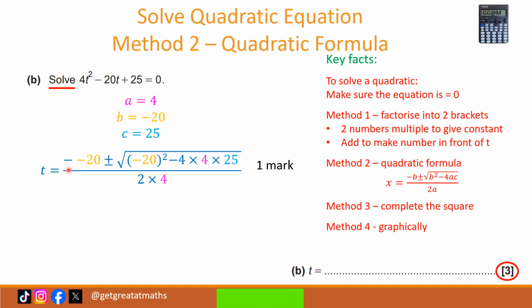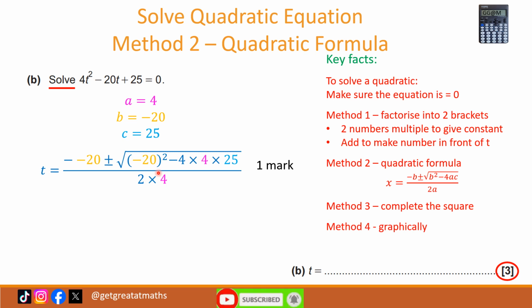From here, we can see we have got a minus times a minus. So a minus and a minus become a positive. So I've just got a plus 20 at the front. I've got minus 20 squared underneath the square root. Now minus 20 times minus 20 is going to be a positive value. 20 times 20 is going to give me the same as 2 times 2, which is 4, with adding on 2 zeros.